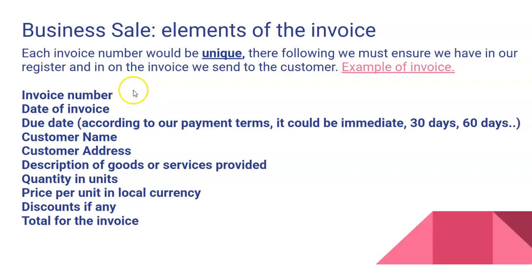And the second line would be cucumbers per kilo, you sold 3 kilos, and so on and so forth. Price per unit in local currency, any discounts that you applied, total for the invoice overall at the bottom of the document. Now this one is related to non-VAT registered businesses. And if you are a VAT registered business, you have a little bit more information, which we will check at the end of this course.